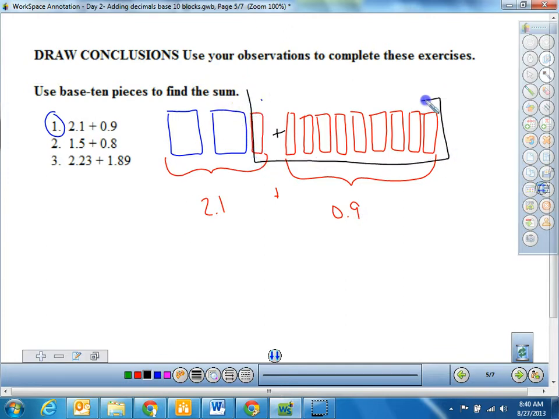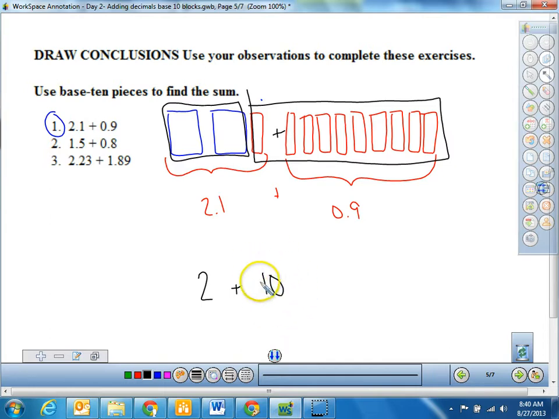Now, when I go ahead and group them together like we did in the first example, this is how I'm going to group them. How many of the whole numbers do I have? I have 2 of the whole numbers. And then how many tenths do I have? I have 1, 2, 3, 4, 5, 6, 7, 8, 9, 10. So I have 2 whole numbers plus 10 tenths.